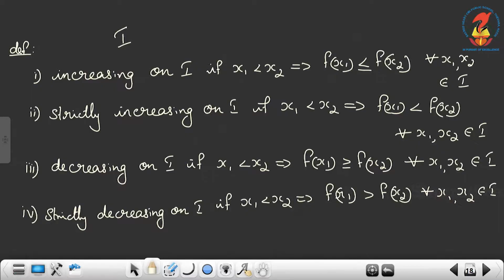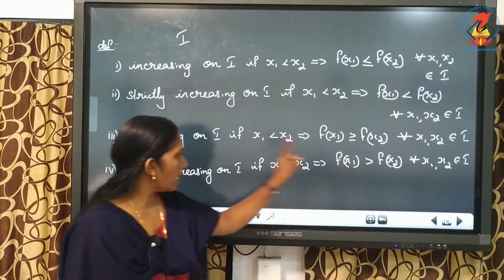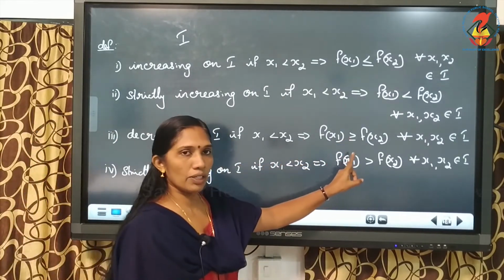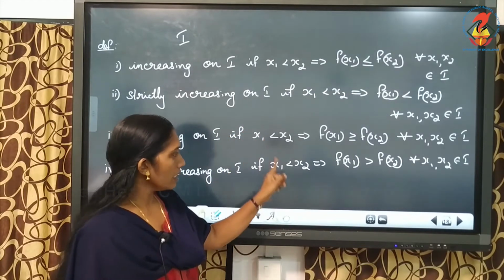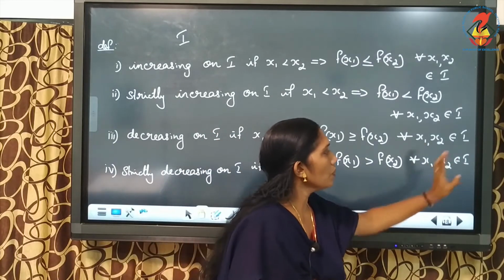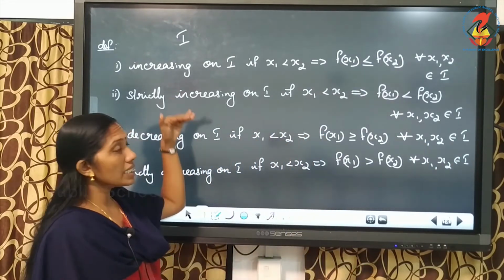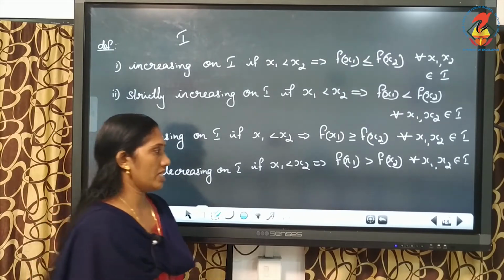Then strictly decreasing on I means x1 less than x2 implies f of x1 greater than f of x2. Strictly means greater than, no equal symbol. Decreasing is greater than or equal. So, just remember that here less than means here the opposite symbol, for every x1, x2 belongs to I. So, this is the general definition of increasing and decreasing functions.